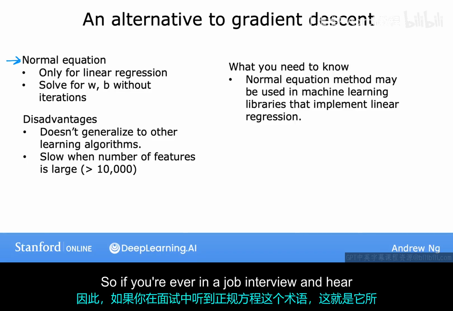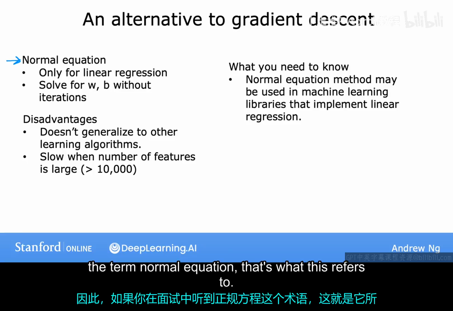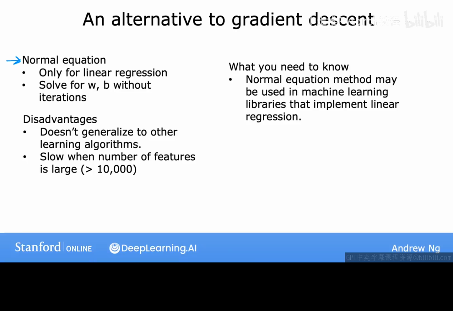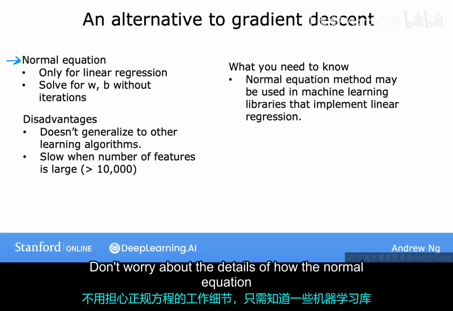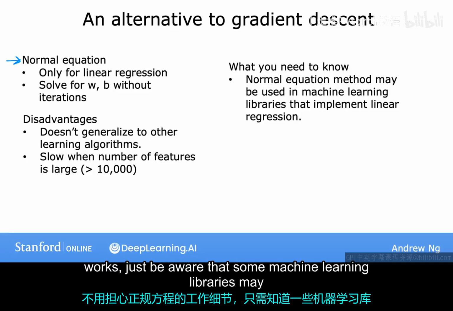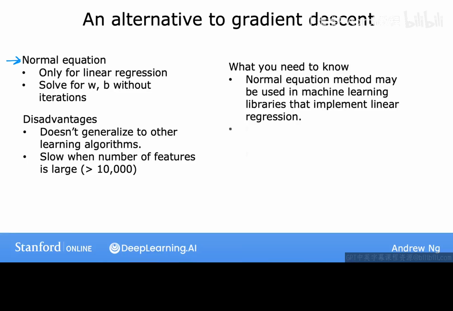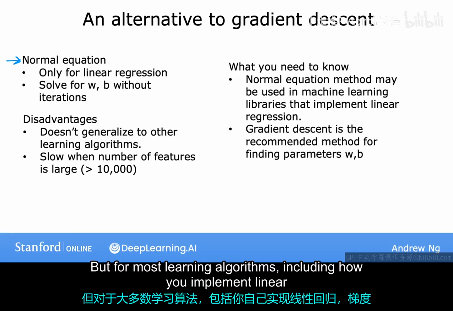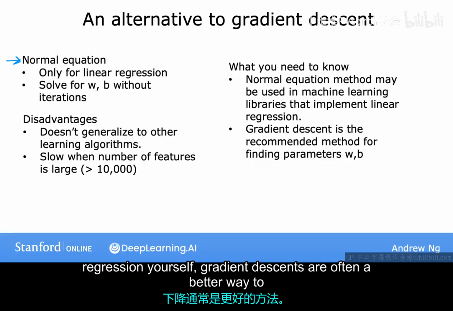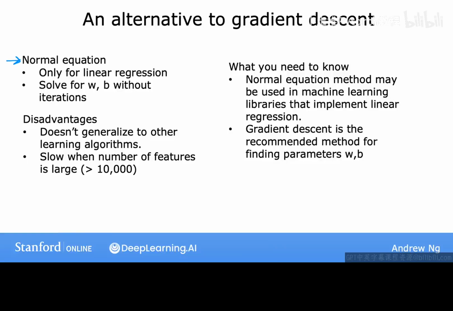So if you're ever in a job interview and hear the term normal equation, that's what this refers to. Don't worry about the details of how the normal equation works. Just be aware that some machine learning libraries may use this complicated method in the backend to solve for w and b. But for most learning algorithms, including how you implement linear regression yourself, gradient descent's often a better way to get the job done.